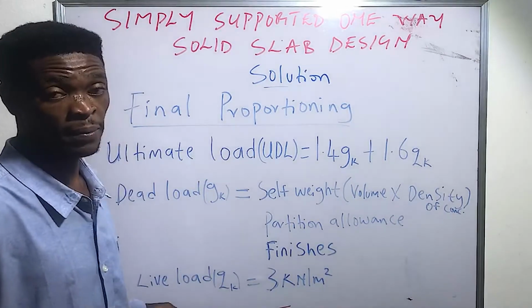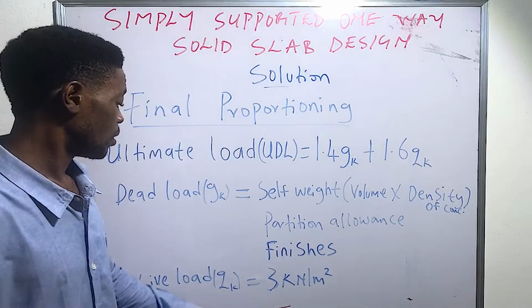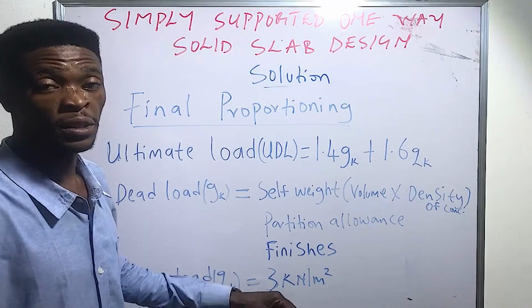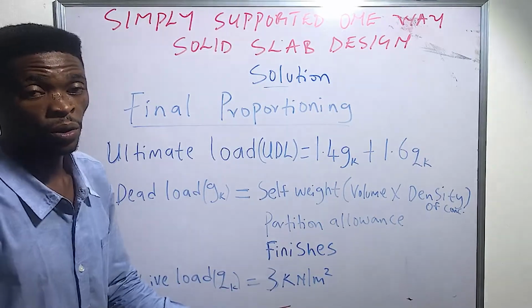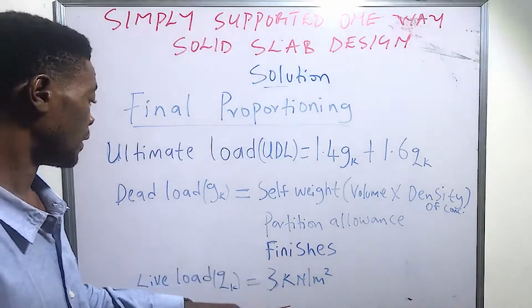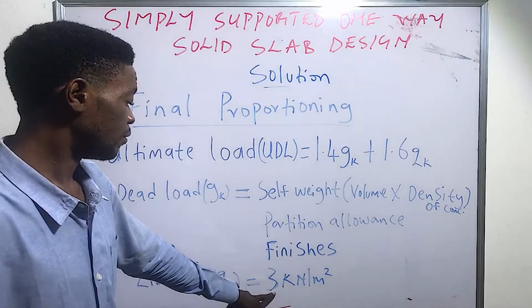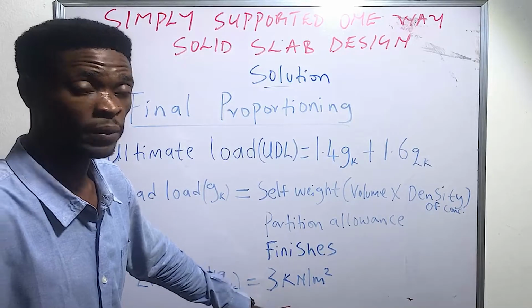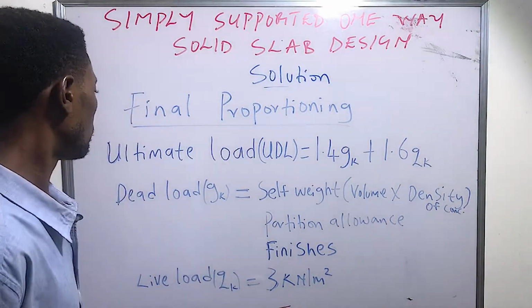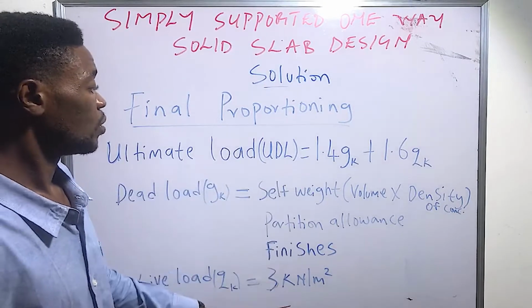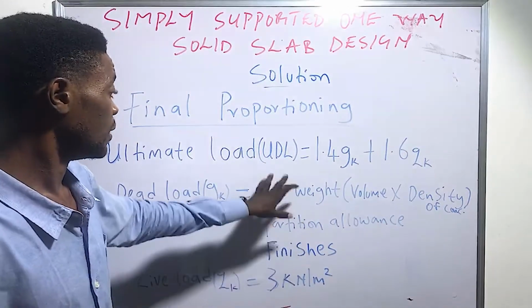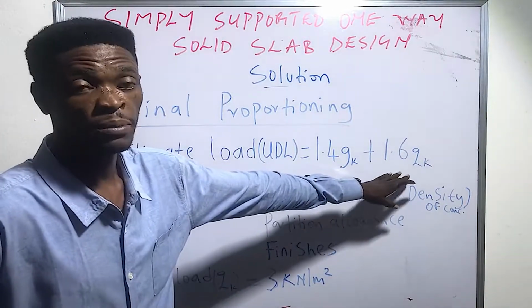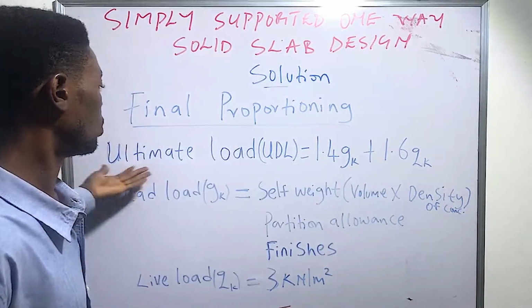Our live load, like I said earlier, is a function of what you are designing for. We are taking our live load here as 3 kilonewton per meter square. So for us to get our ultimate load, we have to get these values, then input them into this to get our ultimate load.